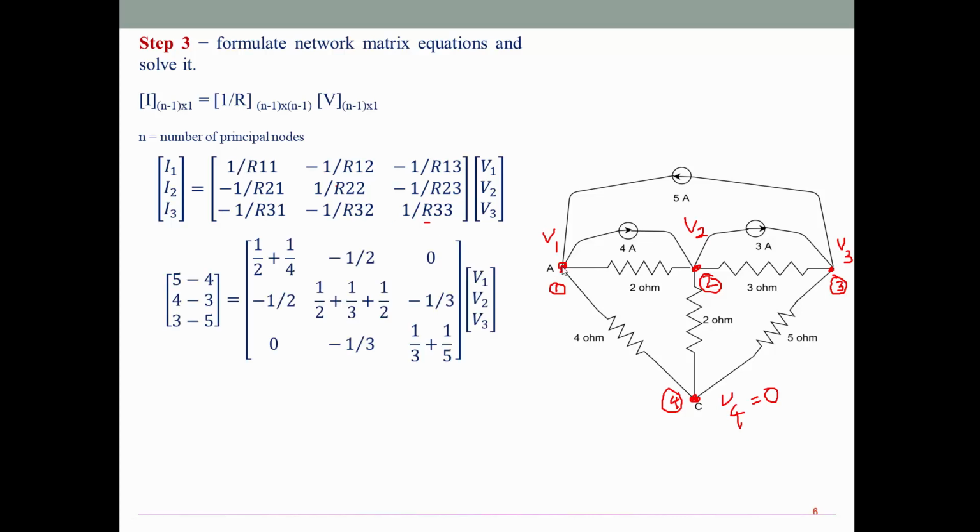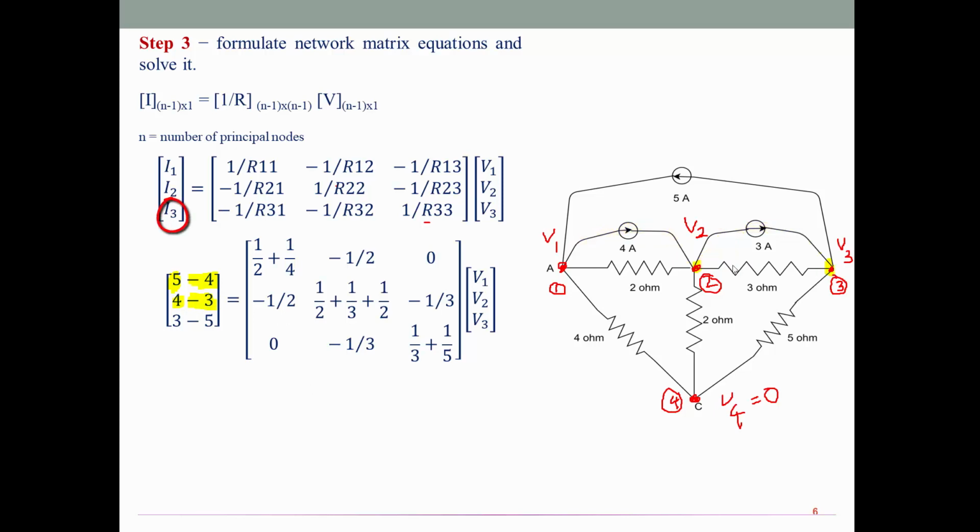Let me consider node number 1. 5 amps current towards the node, I got plus 5. 4 amps current away from the node, so minus 4. Incoming current with plus sign, outgoing current with minus sign. Similarly, look at node number 2. 4 amps current towards the node, so plus 4, and 3 amps current away from the node, so minus 3.